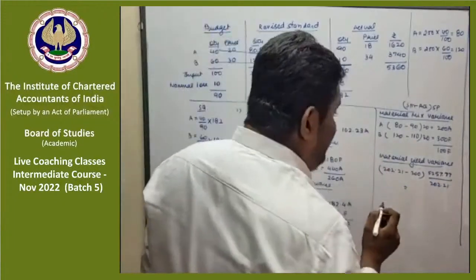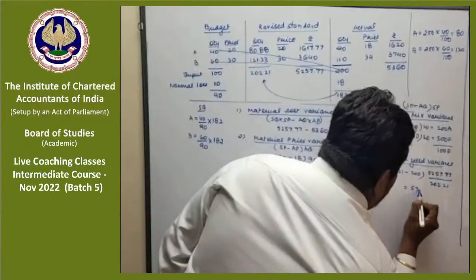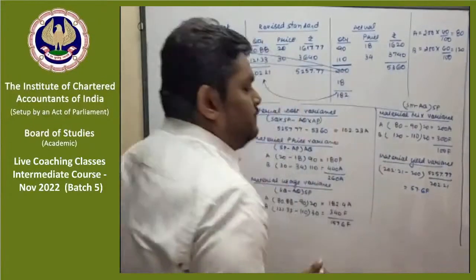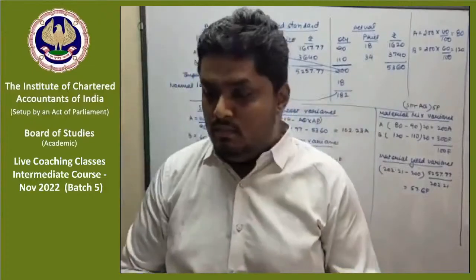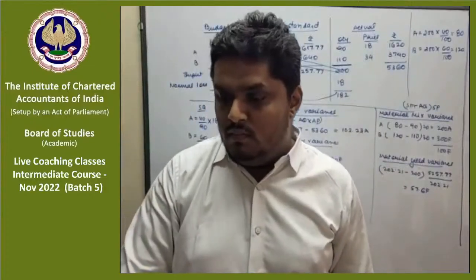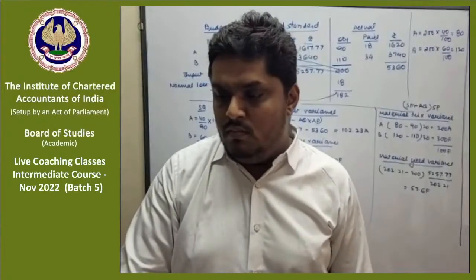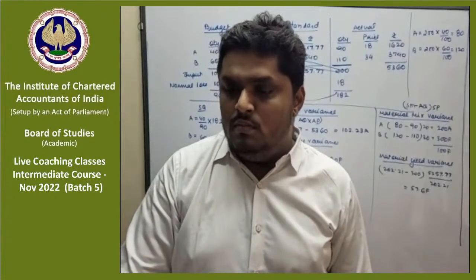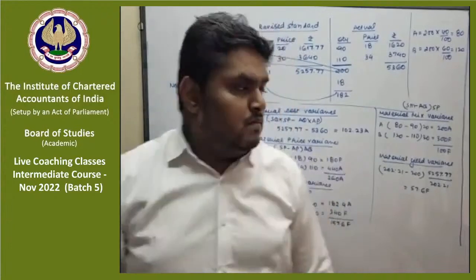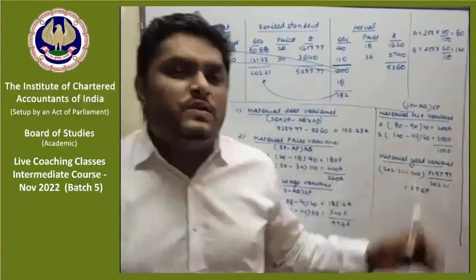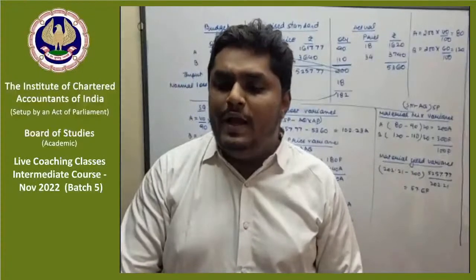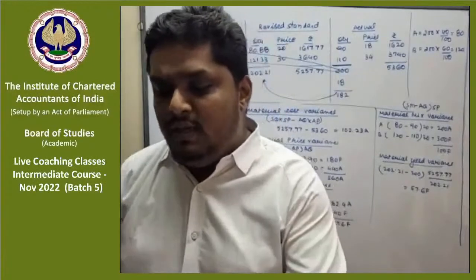So you will get 57.6 favorable. Please copy this part. Still, if you guys have any doubts, you can ask me.